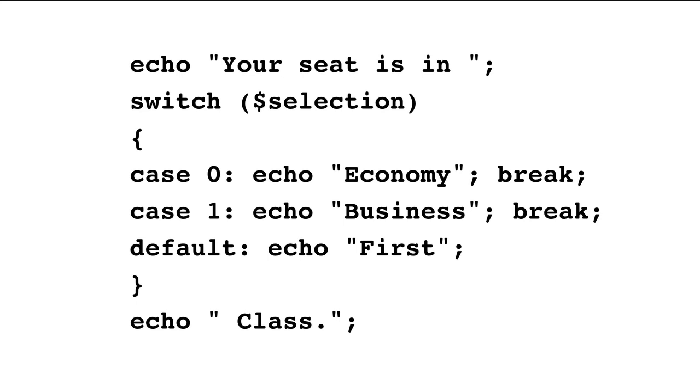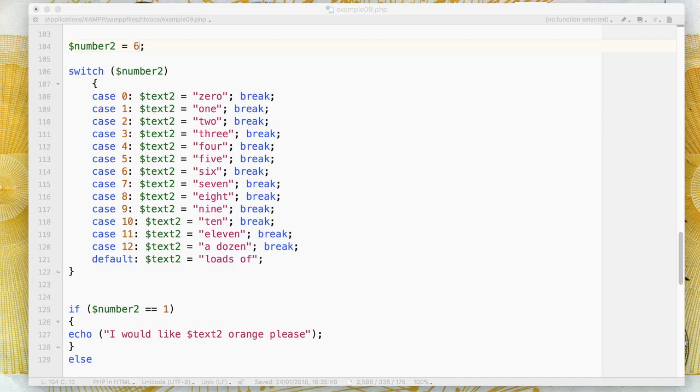So we could use case to do the same number to text conversion that we did in the previous example. Let's take a look at that. This next block of code is doing pretty much what the previous block did. We're taking a number and generating a string that's the English equivalent of that number.